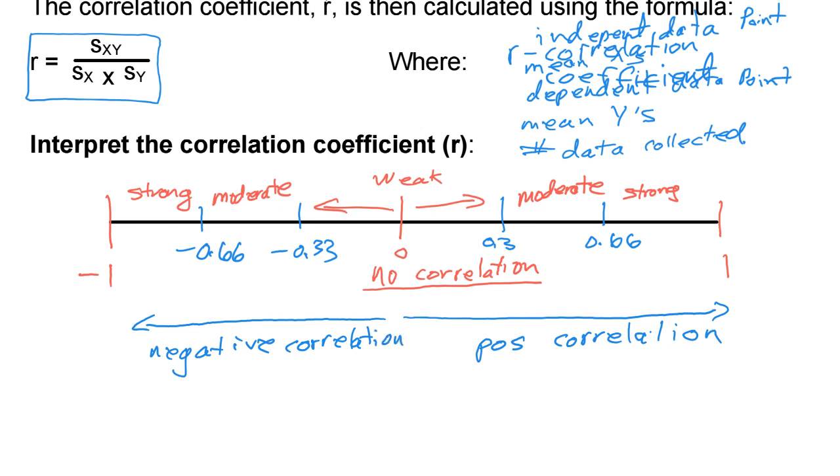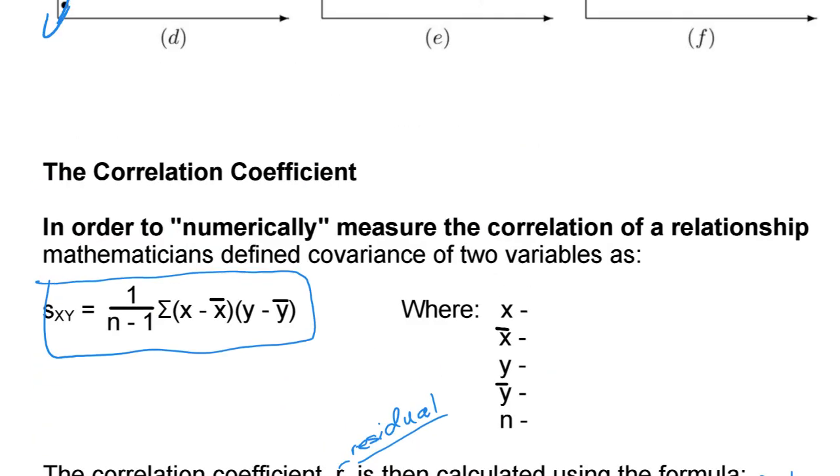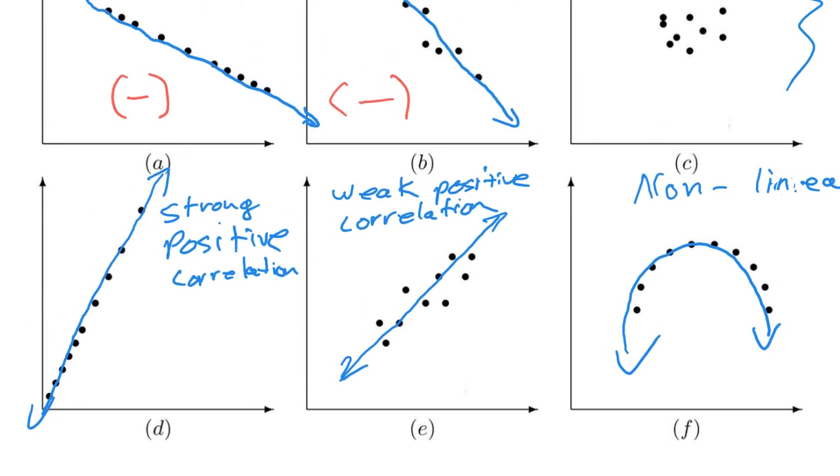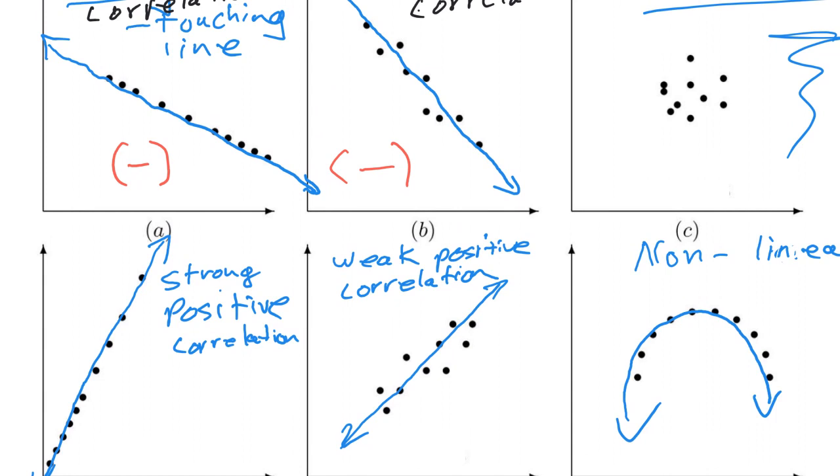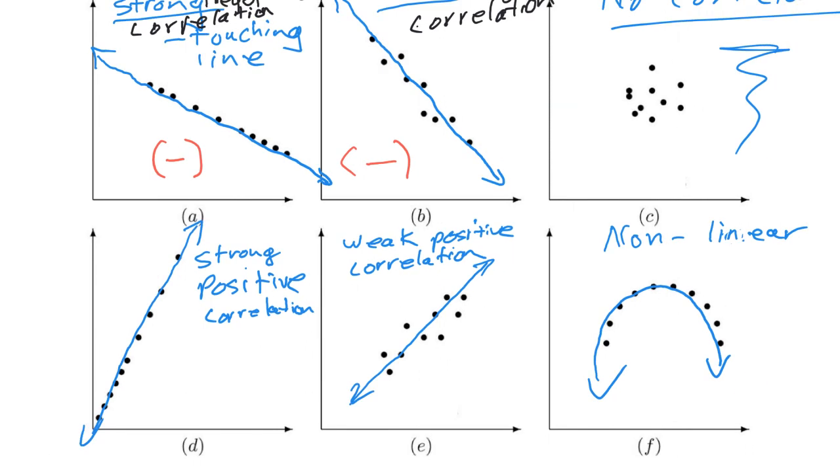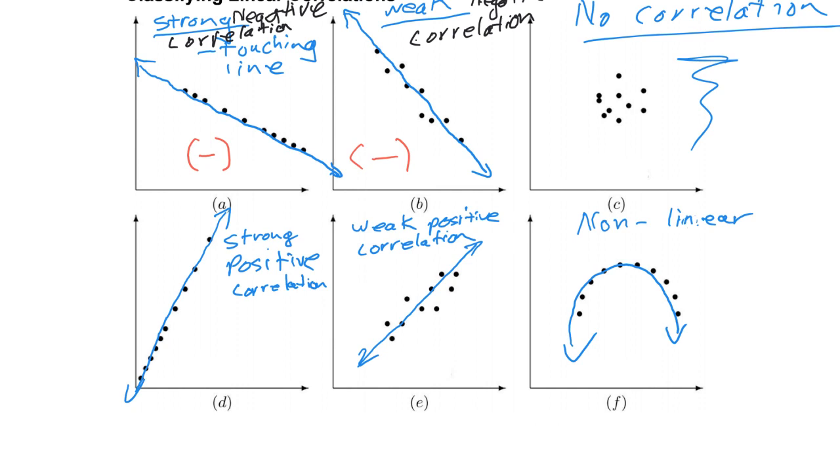Now, please remember your positive and negative correlations from before. If we take a look at what we studied before with our slopes of lines, right? Positive correlations and negative correlations are what you see on this chart here. So basically we have these and these are negative.